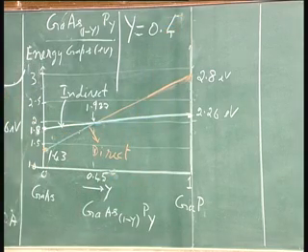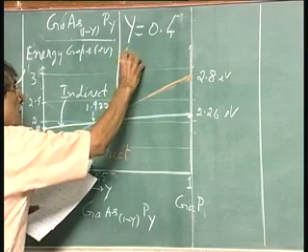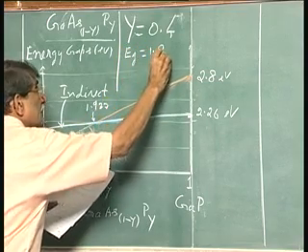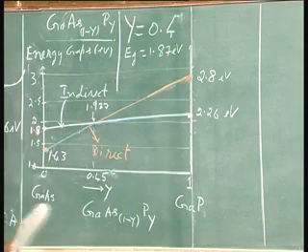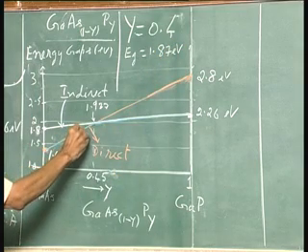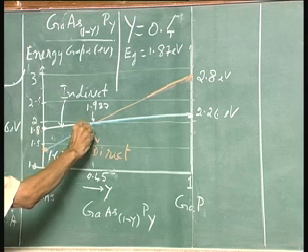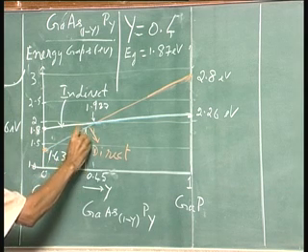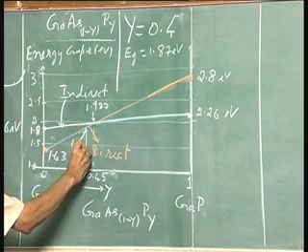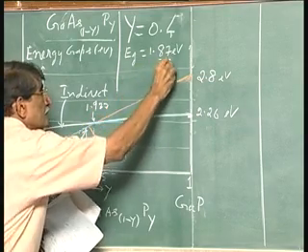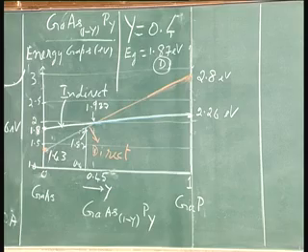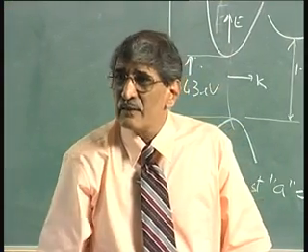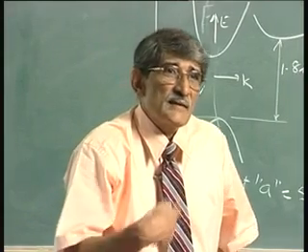If you take that, it gives you Eg equal to 1.87 electron volts, direct band gap. You make a diode with that, a PN junction, it can be used for a forward bias, it can be used as a light emitting diode.